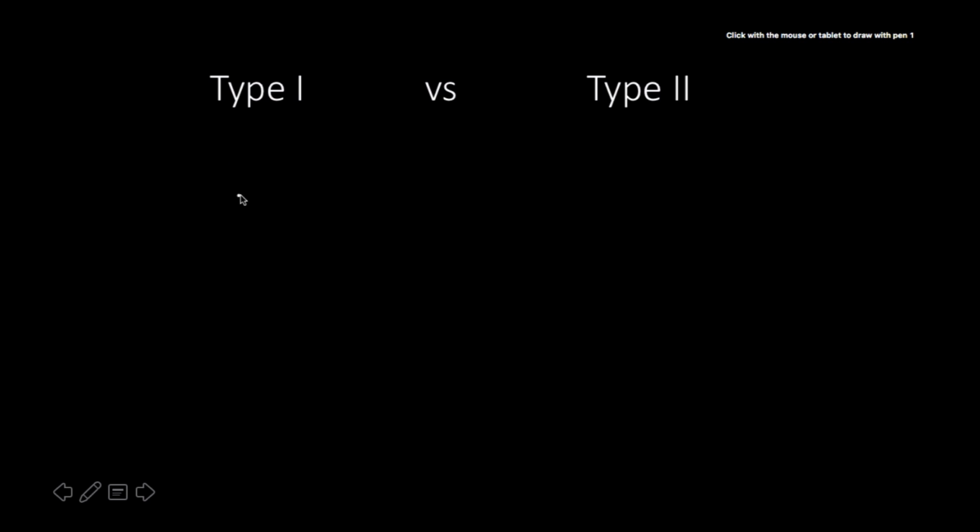Okay, so very quickly, let's go over type 1 versus type 2. These are all differentiated based off of their mechanism of action. For type 1, the mechanism of action is they bind to a soluble cytoplasmic or nuclear protein and then get to their site. And for type 2, these guys bind directly to the DNA proteins or to the transcription initiation complex or to the co-receptor, whatever, right?